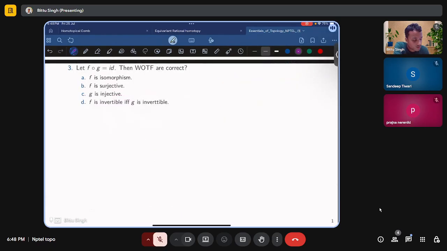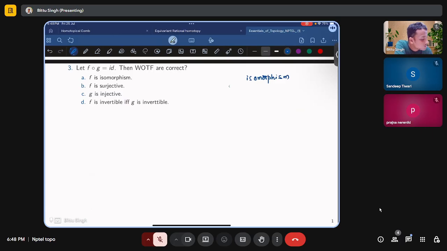So question number 3 here. f composed with g is the identity. Then which of the following are correct? So the first one is f is an isomorphism. Maybe isomorphism is not familiar. Isomorphism means bijection. Those types of things are equivalent in set theory.